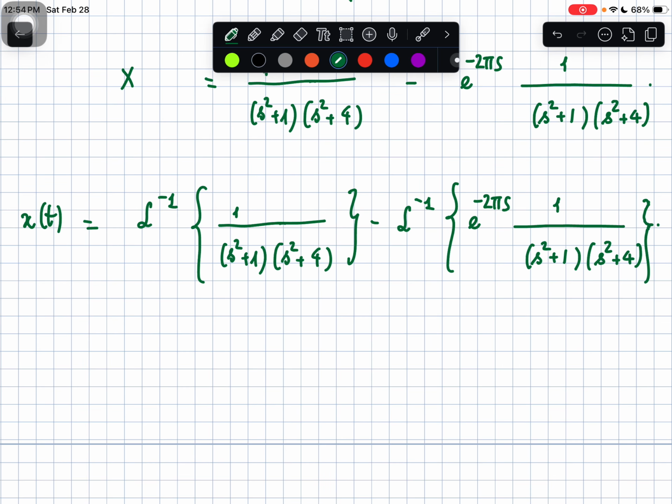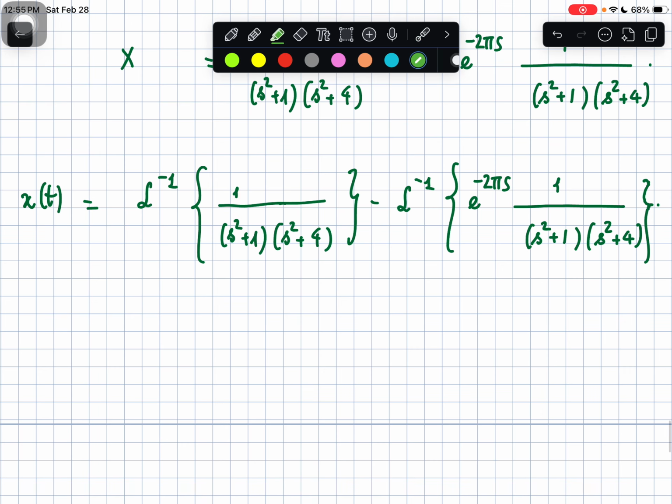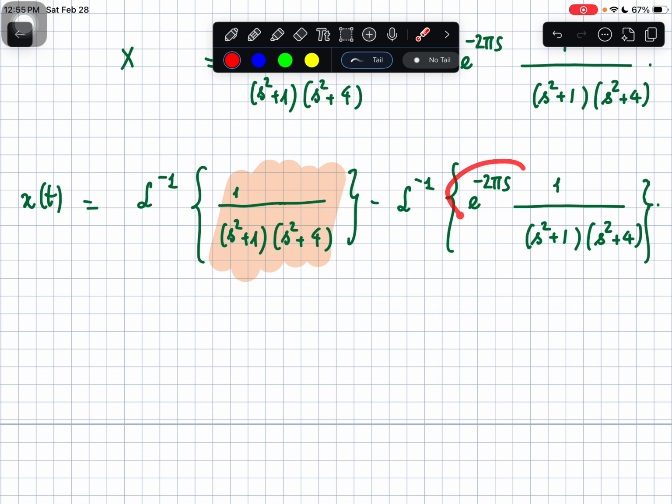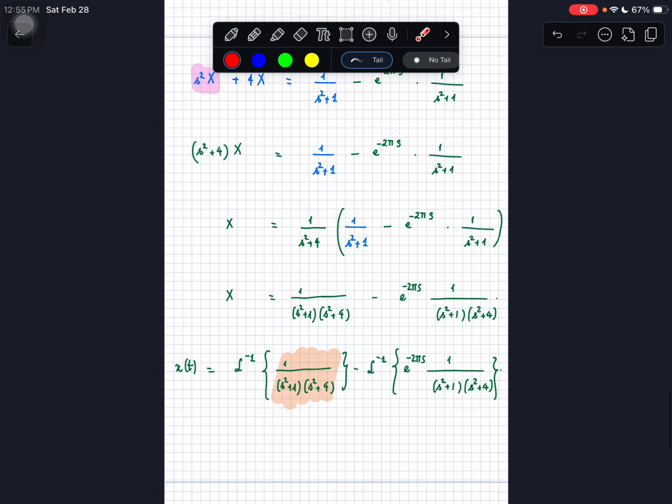For the first term, I will just use partial fractions decomposition. So let's do the first term. For the second term, this and this one are exactly the same, with e to the minus 2 pi s. This one you use the formula we have tried before.